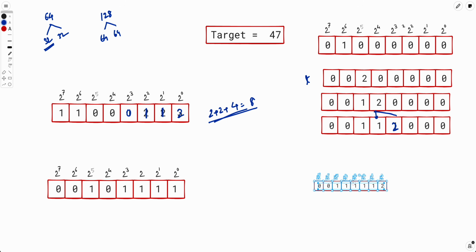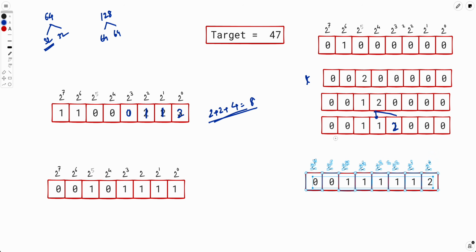So basically, finally, if you keep on doing this, just 1 2 power 6 is capable of making everything as 1, right? If you start converting this 2 power 6 into smaller elements, this 2 power 6 is enough to make everything else as 1, right? So because this 2 power 6 is enough, you will not convert 2 power 7 and instead convert 2 power 6 itself.